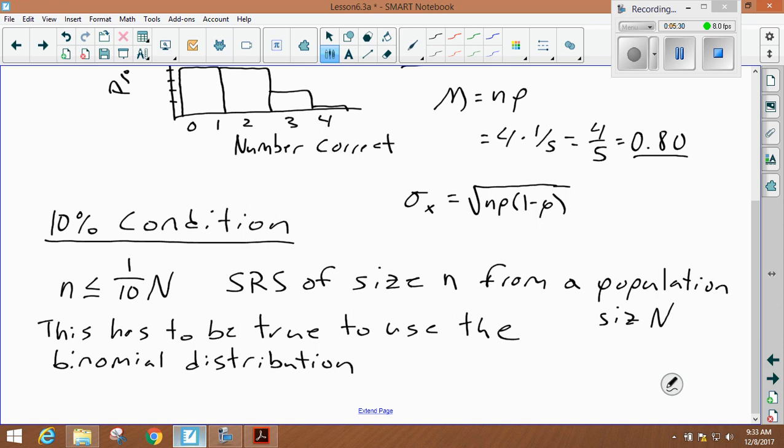Your book has one example where it says hiring discrimination, and it just won't fly. We have to be careful. The whole point of the exercise is to tell you, be careful. You can only use binomial distribution if you're sampling with replacement, right? If you're sampling without replacement, each individual probability is no longer independent. You know what I'm saying?